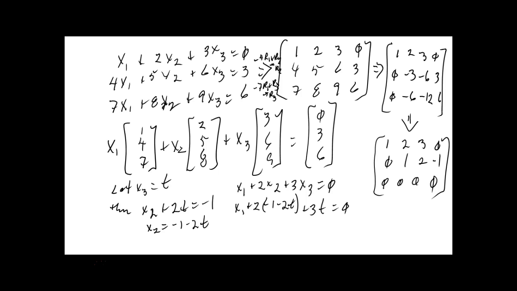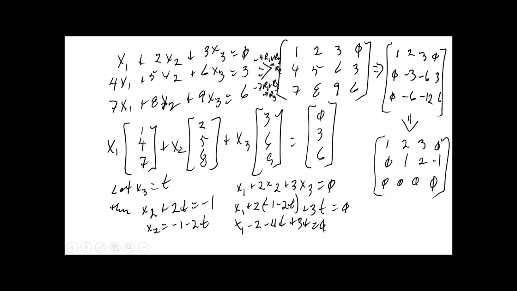So it'd be x1 minus 2 minus 4t plus 3t. Yeah, exactly. That would be the next step. x1 minus 2 minus 4t plus 3t is equal to 0.